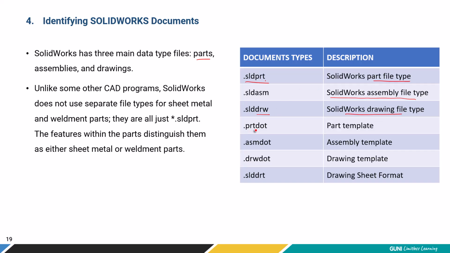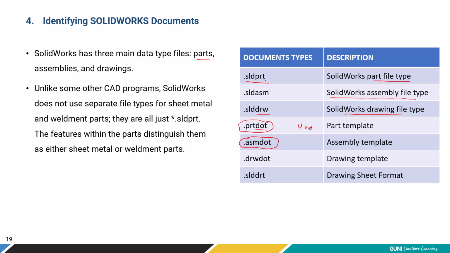Now here, .prtdot means it is a part document template. Now what is a template? A template is basically a file which has some settings already loaded, so you can reuse it again and again, and that will save your time. Similarly, we have an assembly template.